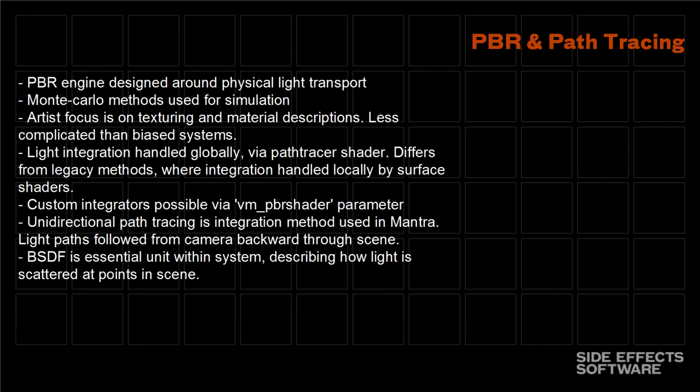So the PBR engine was designed around physical light transport. And so we deal with things like the solid angle, and we deal with the actual energy of the light sources that are being traced through the scene. All the properties that you would expect of a physical renderer are respected. For the most part, Monte Carlo methods are used for the simulation. Given the complexity of the integrals that we're dealing with, the only tractable method for dealing with them is really Monte Carlo.